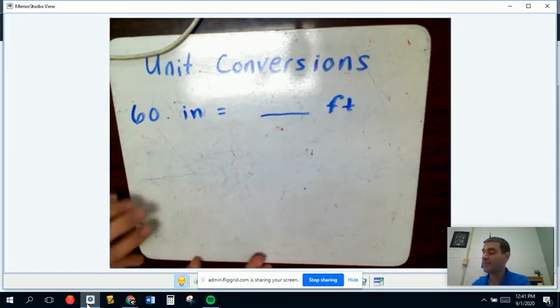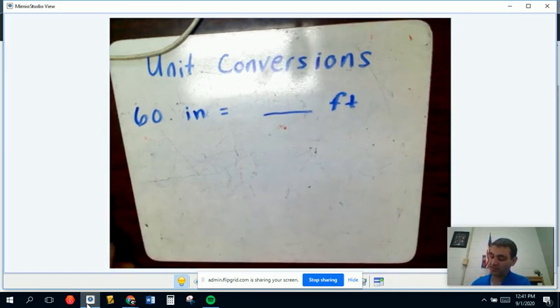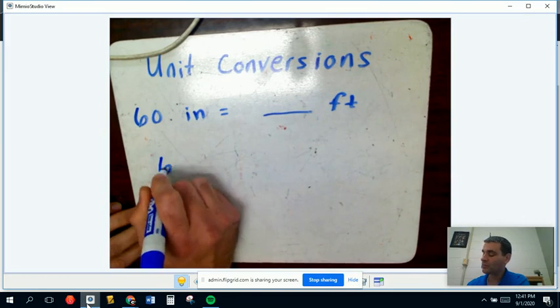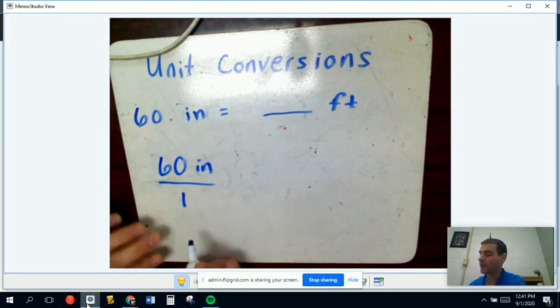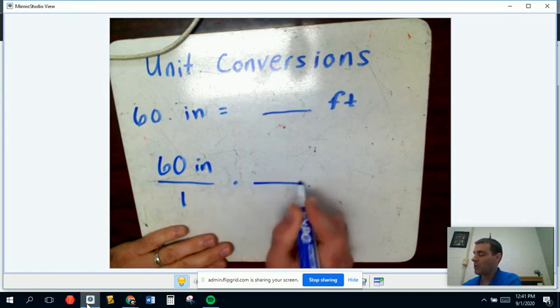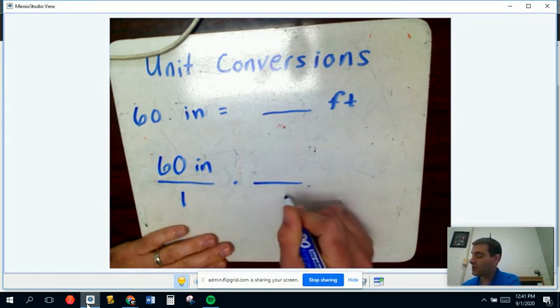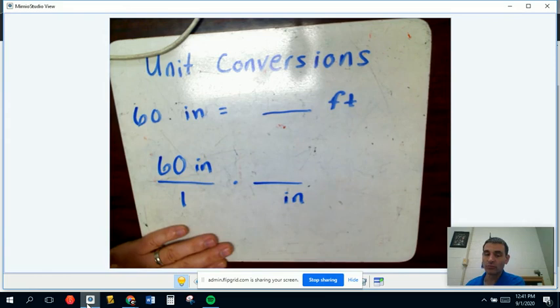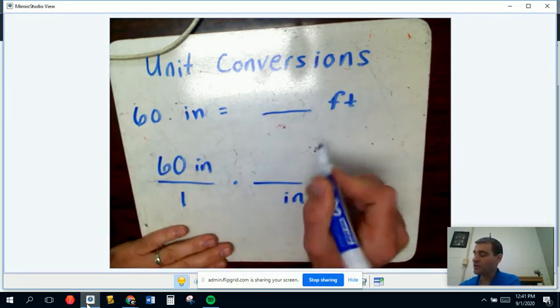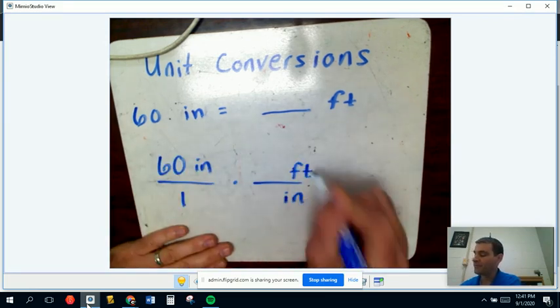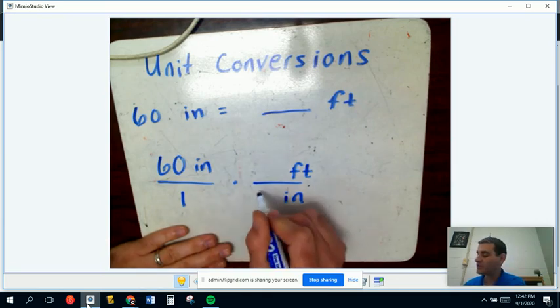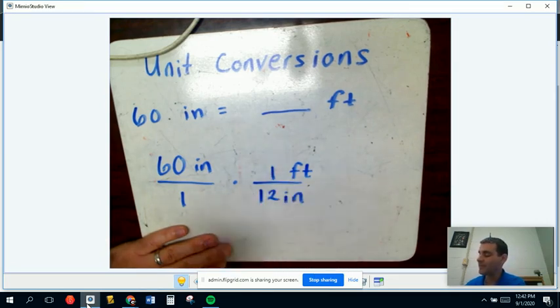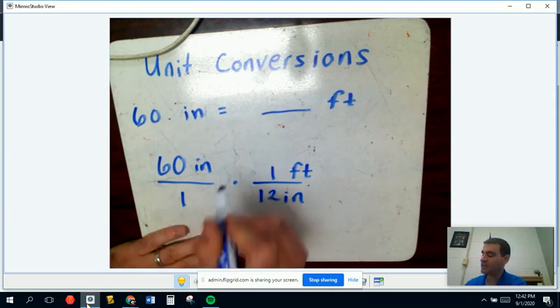So using the same process, 60 inches, that's my problem, over 1. Whatever unit you see here, put it on the bottom. Wherever unit you're introducing, put it on the top. Look up the conversion. In this case, 12 inches is equivalent to 1 foot. And just cancel.